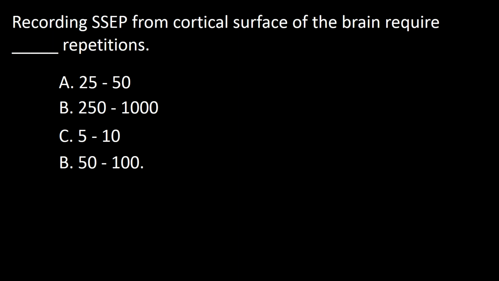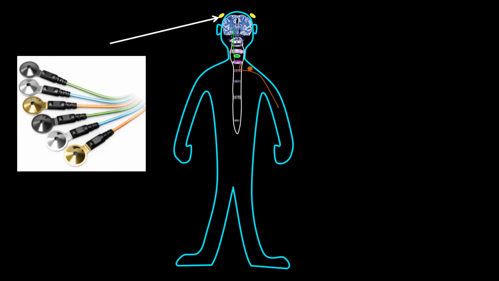Next question. Recording somatosensory evoked potential from the cortical surface of the brain requires dash repetitions. A. 25 to 50. B. 250 to 1000. C. 5 to 10. D. 50 to 100. A scalp recorded potential is done using regular EEG electrodes.